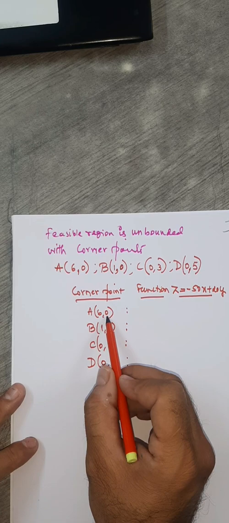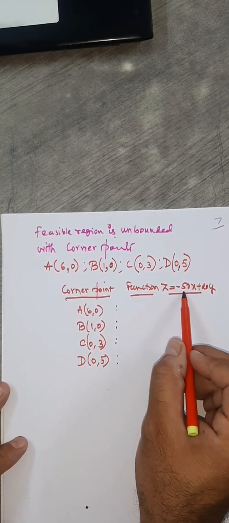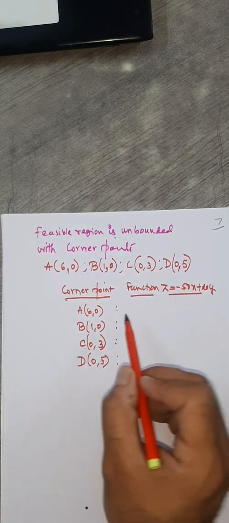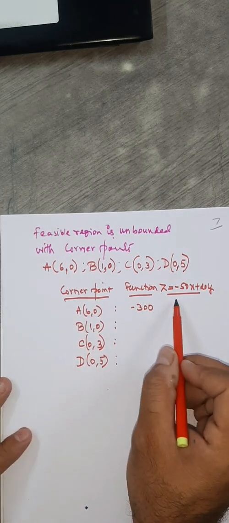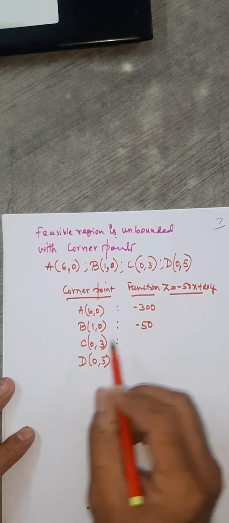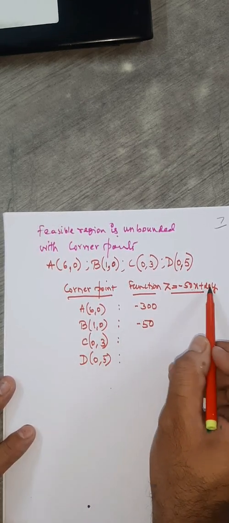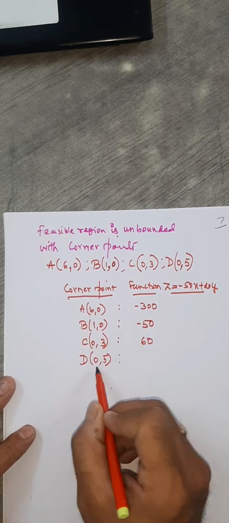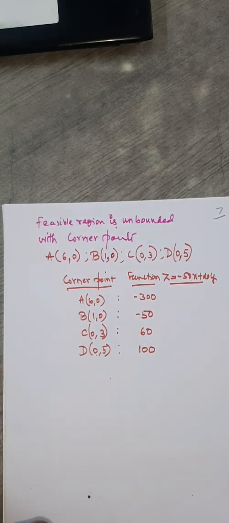So (6, 0), if you put it, it will be minus 300. Then (1, 0), it will be minus 50. Then (0, 3), it will be 60, and (0, 5), it will be 100. Fine. So this is the table for the given function.